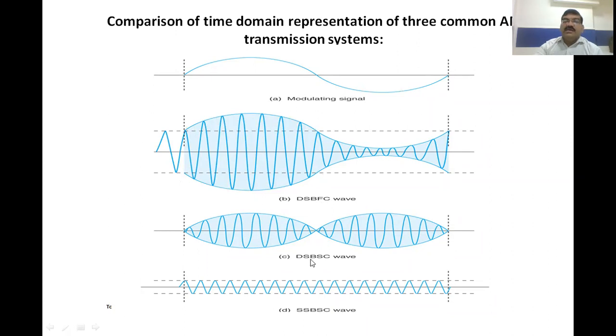In double sideband suppressed carrier, what happens? You are suppressing the carrier. And this is single sideband suppressed carrier.